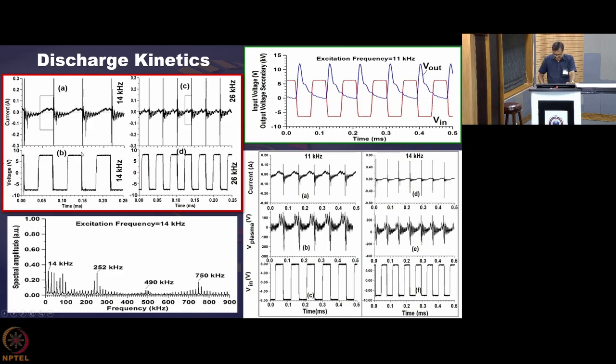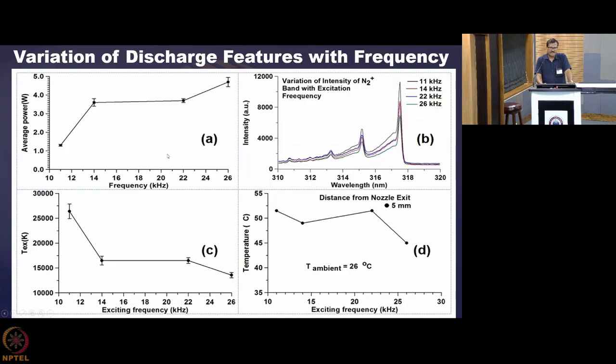Typically the gas temperature, you can see over here, is somewhere around say 45-50 degrees centigrade, and the electron temperature can reach say beyond 2 eV. Here it is more than 25,000 degree Kelvin, and you know that 11,600 is 1 eV, so it is more than 2 eV over here, and here it is around 1.5 eV.